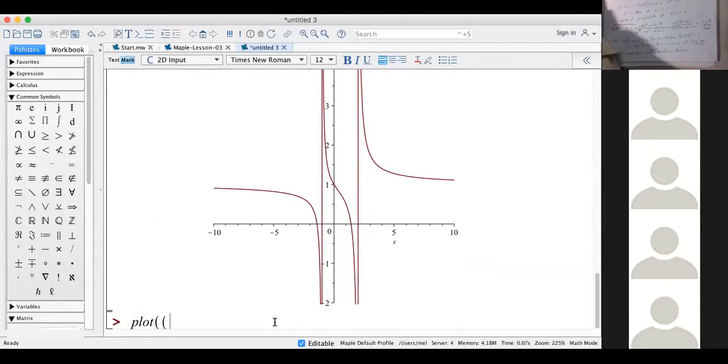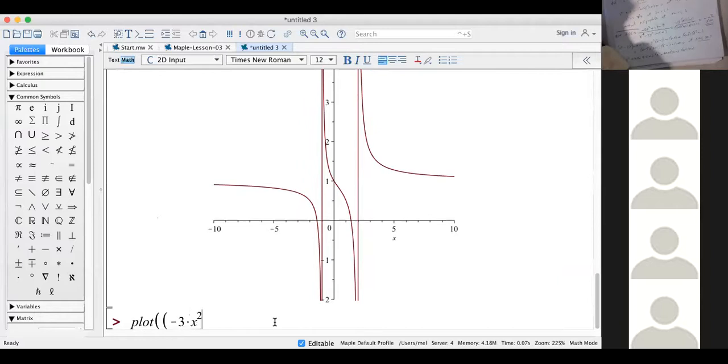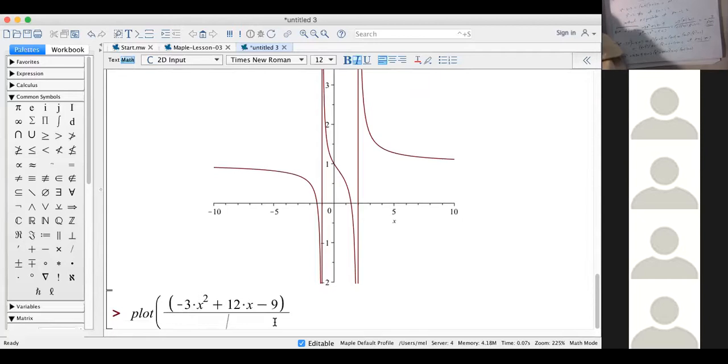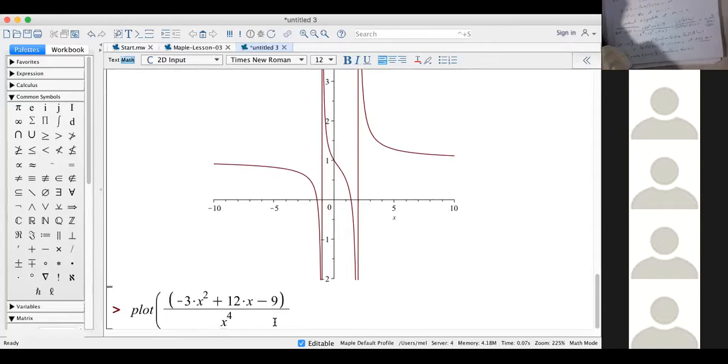In the numerator, I have minus 3 times x squared plus 12 times x minus 9 divided by x to the 4th minus 3 times x cubed minus x plus 3.